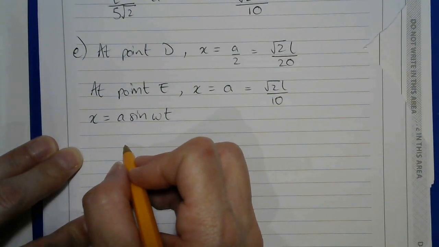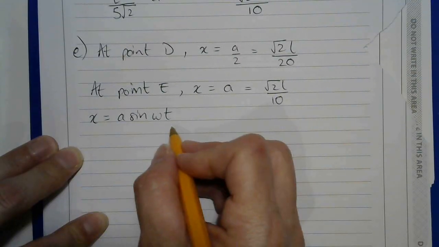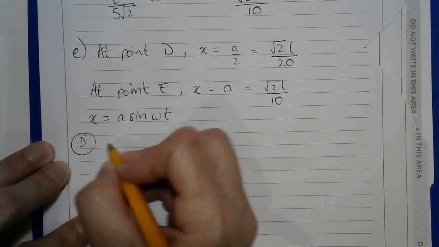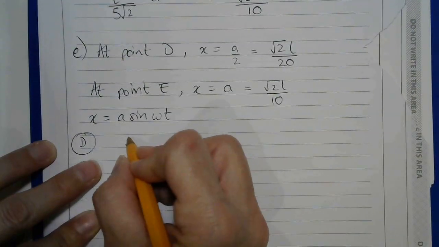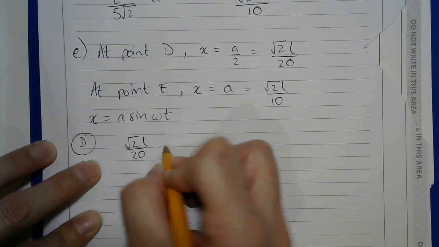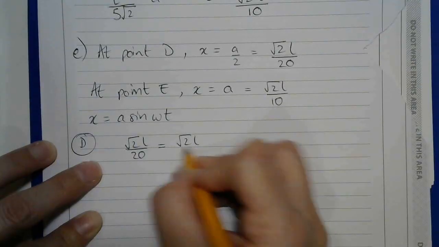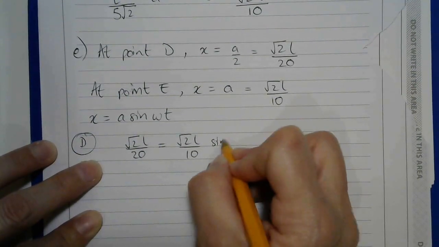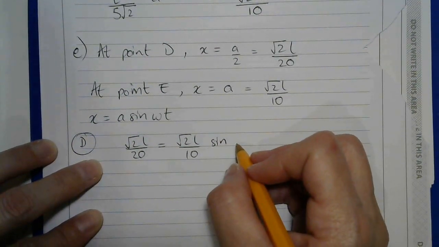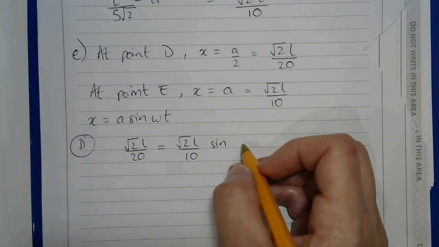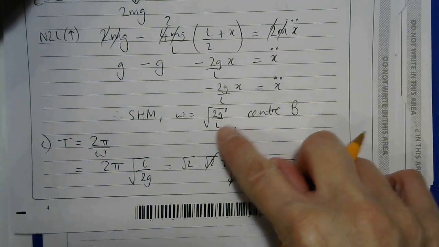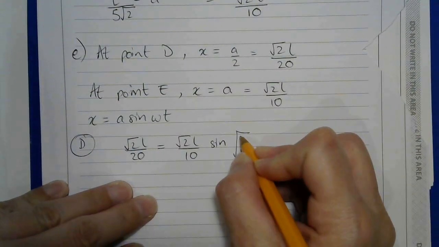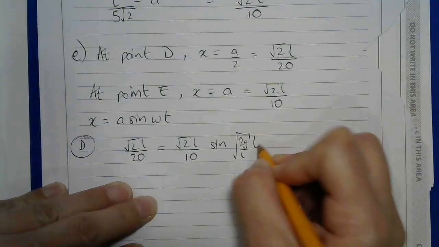And I know that at D, X is root 2 L over 20, is A, root 2 L over 10, times sine of omega, which was this thing, root 2g over L, times t.